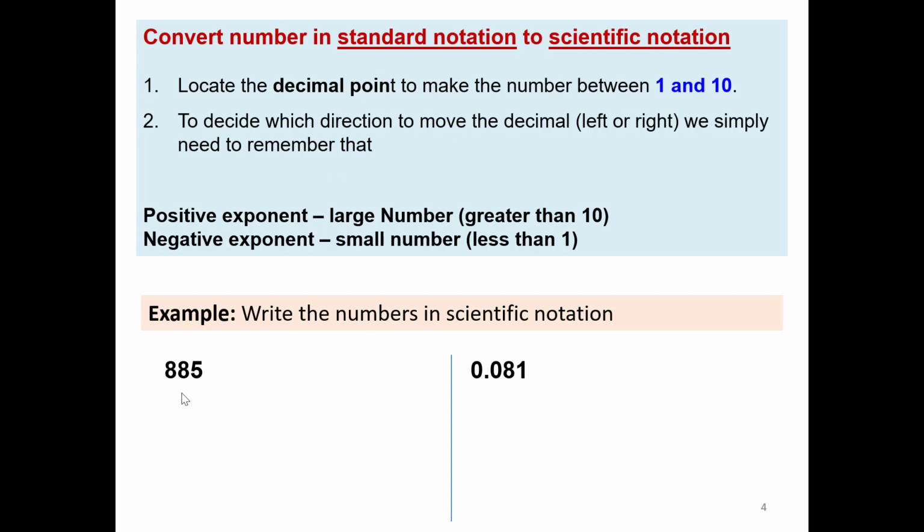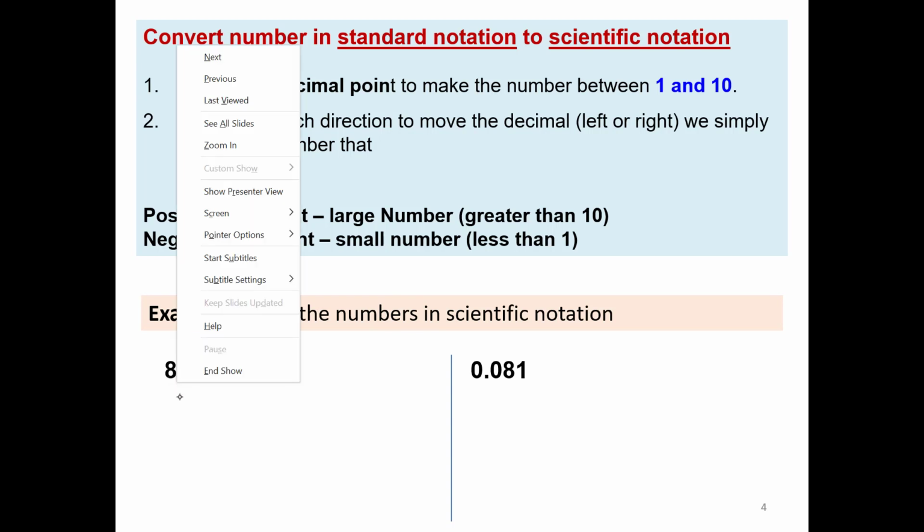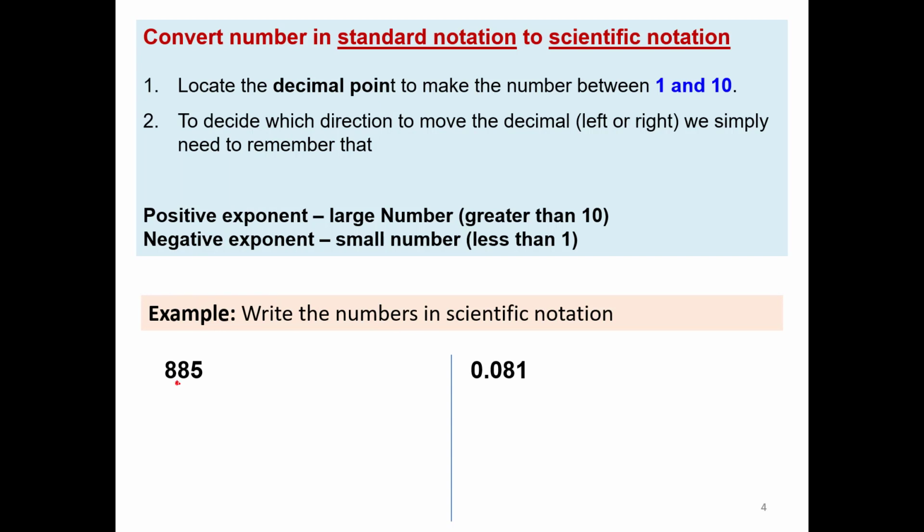First we have 885. We need the decimal point right here, because we need the number between 1 and 10. Now we need to check how many times we need to move the decimal place to make this number between 1 and 10.